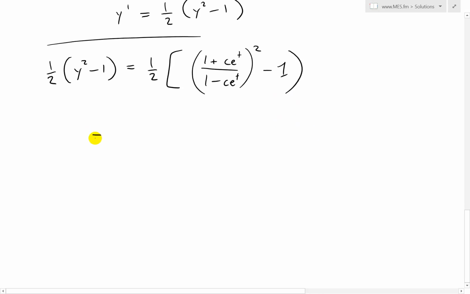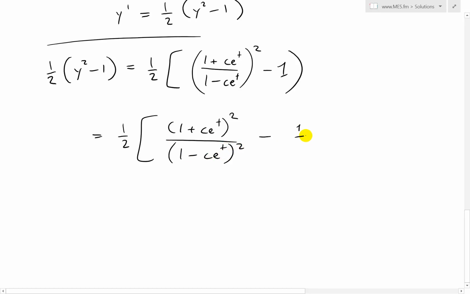So let's simplify this further. It's going to be written as 1/2, and then we have 1 plus c e to the t squared, divided by 1 minus c e to the t squared, minus this 1 right here.